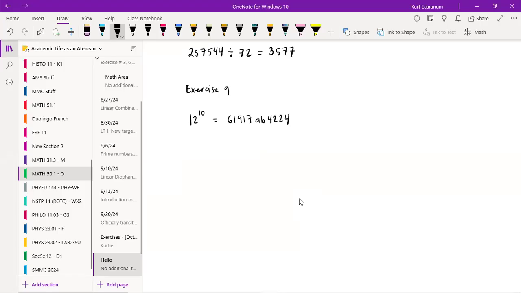Maniniwala ako kay Lord na magkaparehas lang sila. So, this would be find A and B. Sabi, gamitin daw natin yung congruence modulo 9.